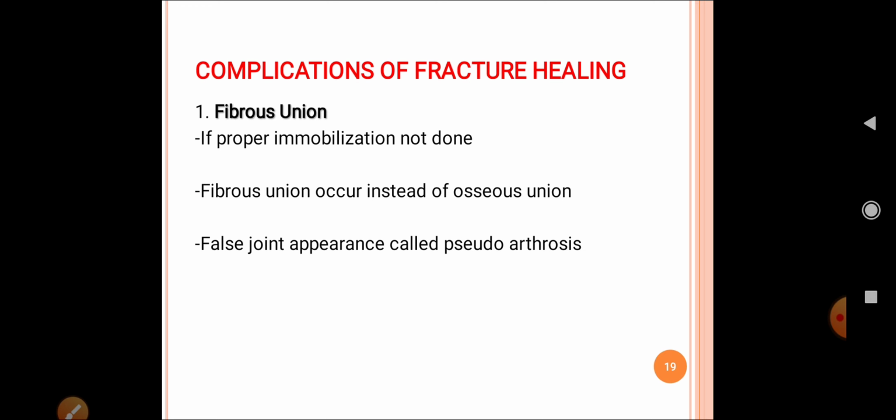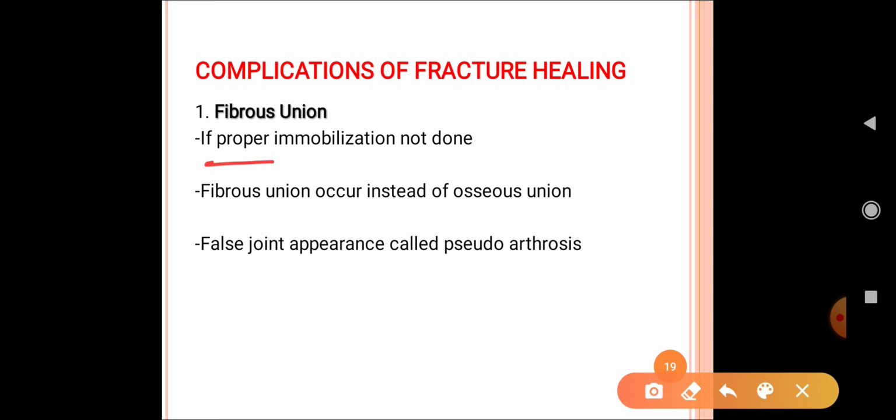Okay, now we'll understand our third learning objective, that is the complications of fracture healing. So can you imagine what can be the complications? Yeah, you are right. Suppose you are not doing the proper immobilization of the bone, you are doing excessive movement, then what happens? You are not giving time to the mesenchymal stem cell to get converted into the bone, so you will not develop bone, and there will be only fibrous union.